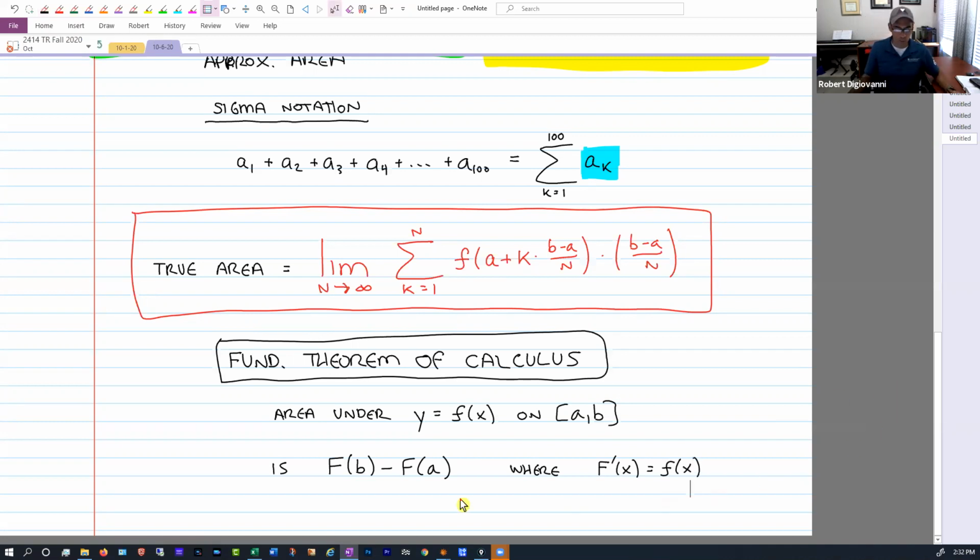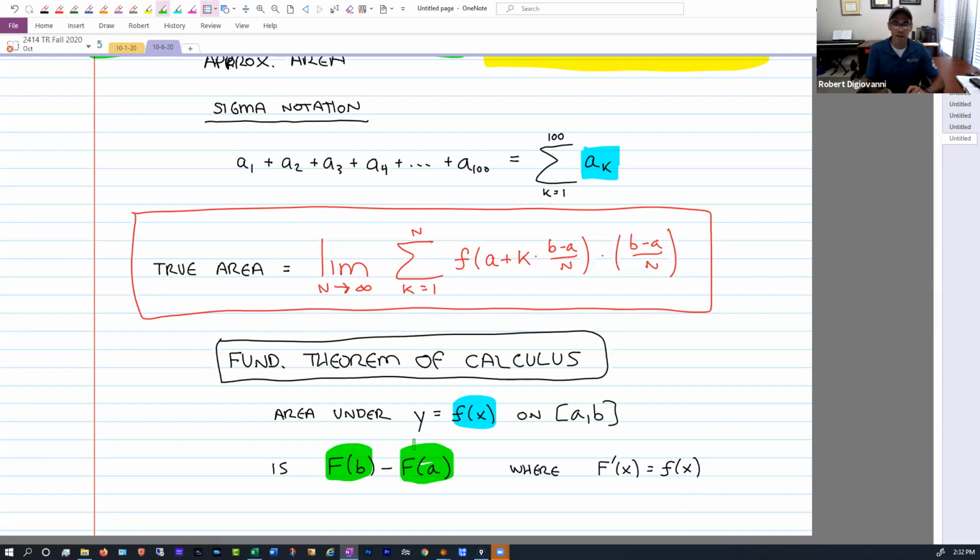Let me explain what this is saying. If you want to find the area below a curve, below some function f of x, all you have to do is find the antiderivative of that function, which we are calling capital F of x, and then evaluate that antiderivative at the two endpoints, and that gives you the area.